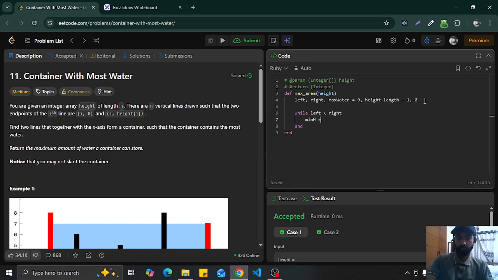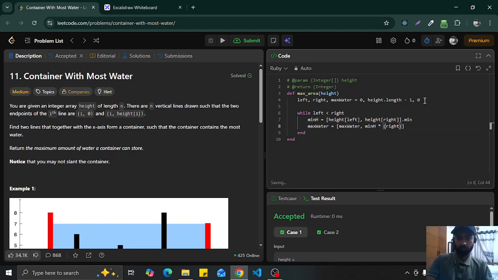Min height is minimum of left and right dot min, and max water is going to get updated. So max water is going to be max water and min height into right minus left dot min.